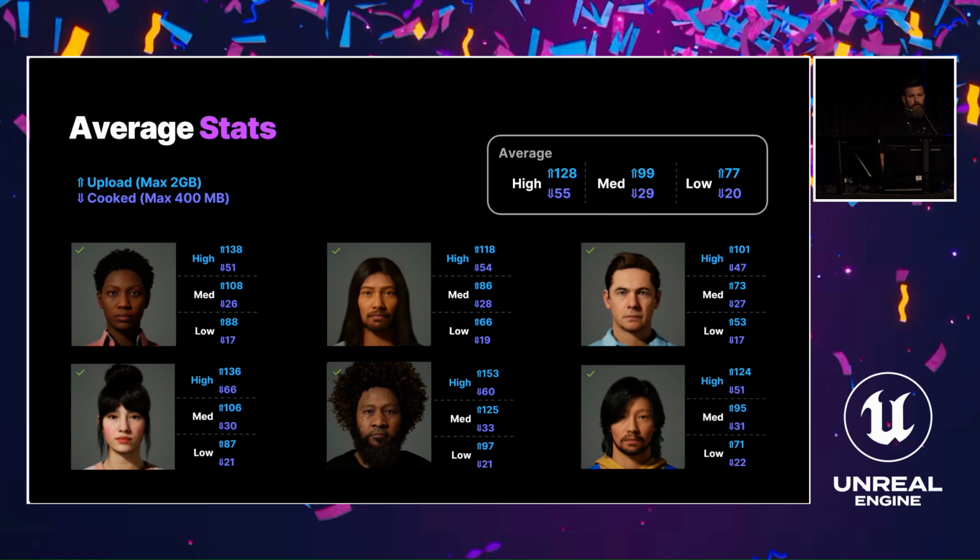One of the biggest factors to the overall size and performance of a MetaHuman comes down to the type of groom that you've chosen for your character. But despite whatever groom you choose, your actual cook size won't vary by much, thanks to those optimizations done across all the characters. And this means that you can virtually choose any character you want and pretty much have similar performance across the board.